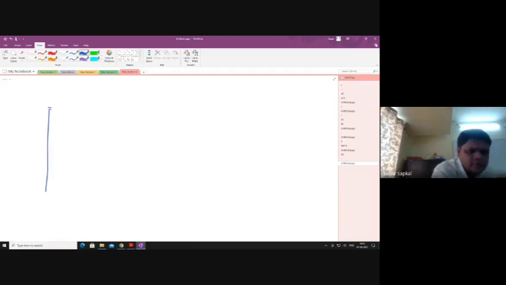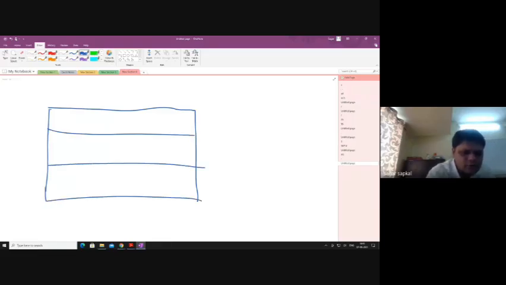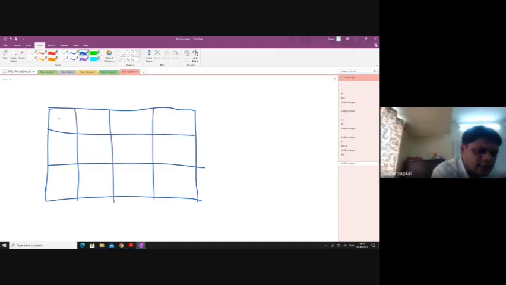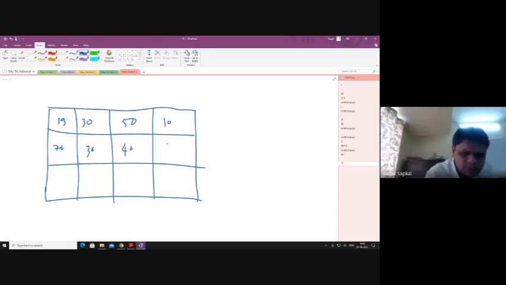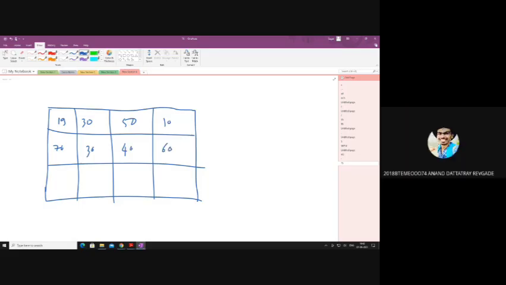How many rows? 3 rows and 4 columns. Tell me the values. 19, 30, 50, 10, 70, 30, 40, 60, 40, 70, 20.